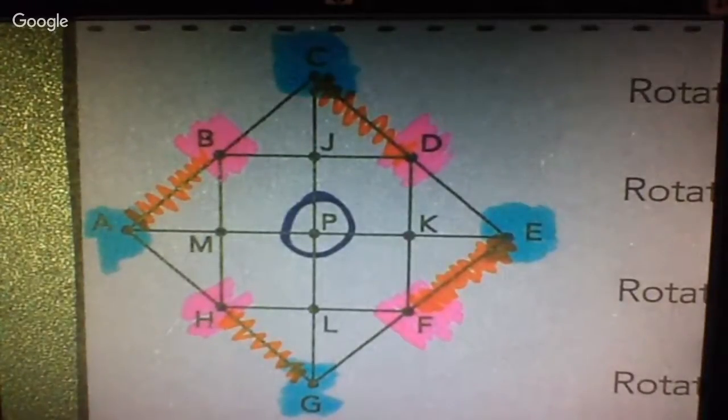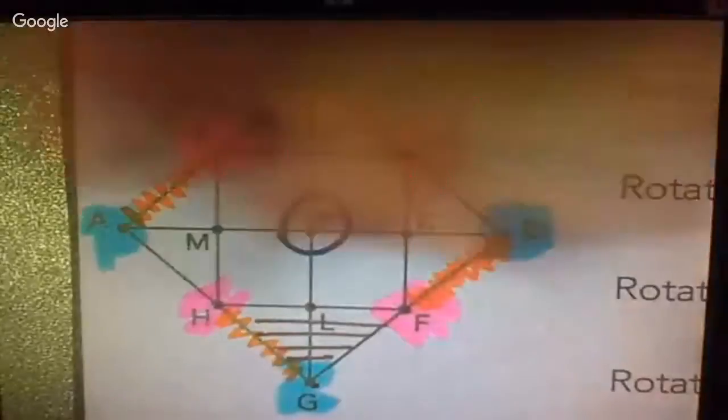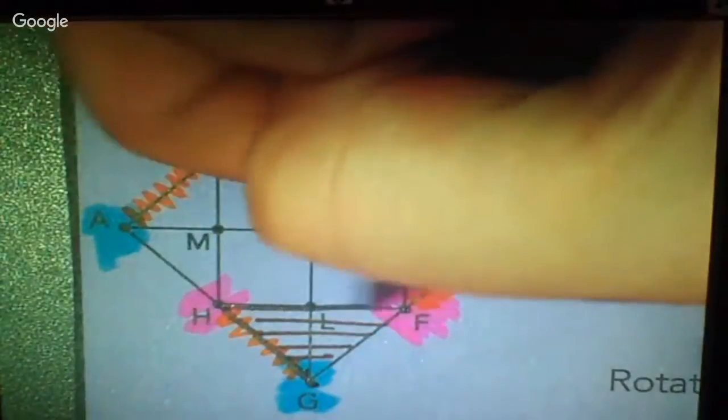Okay. The next one says I have triangle FGH. So triangle FGH is this entire triangle.